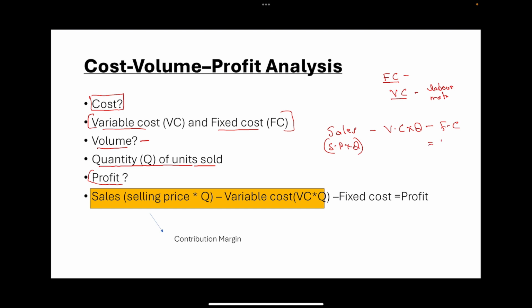So this will be equal to your profit, right? This is how you define profit in cost volume profit analysis. And this part, the sales minus the variable cost, is called the contribution margin.